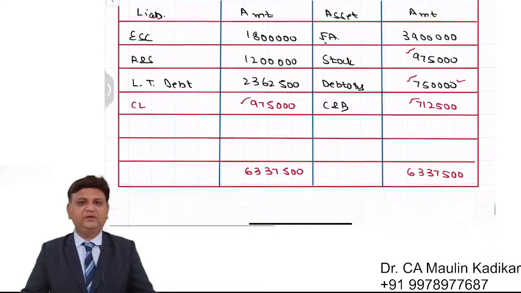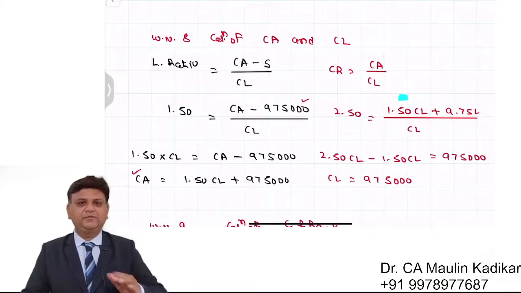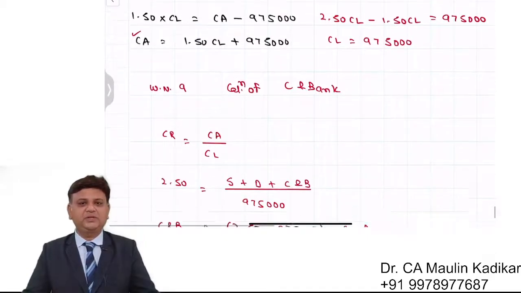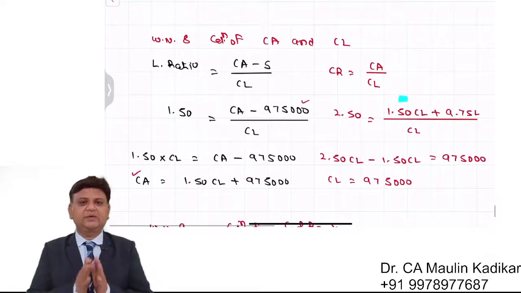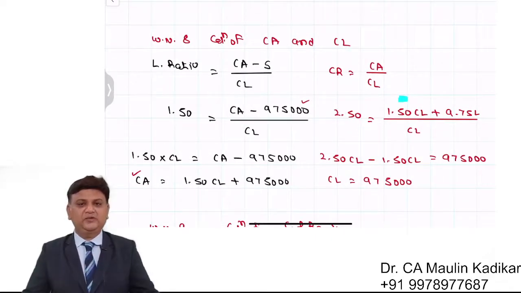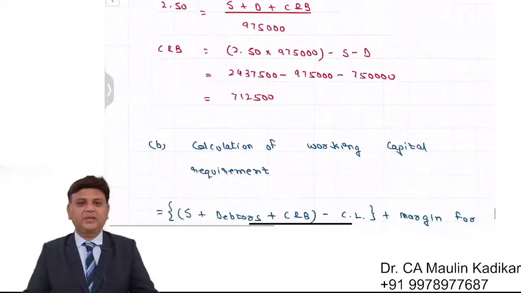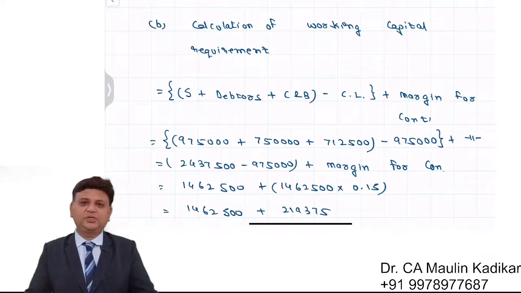For cash and bank, we have prepared the working note later on, in which we have first of all calculated the current assets and current liabilities, and based on that, the cash and bank. In my opinion, working note number 8 is very important, and I have found that students many a times commit mistakes in that. B part of the question, working capital calculation. There is slightly a new question over here.